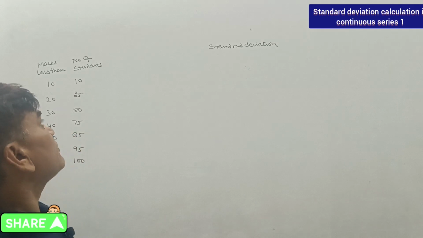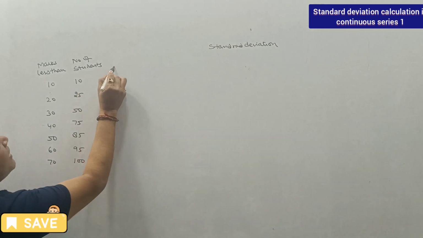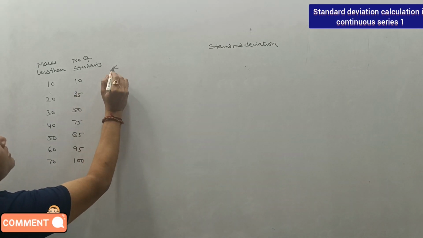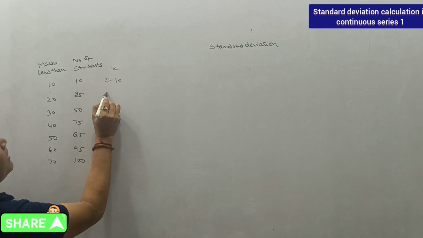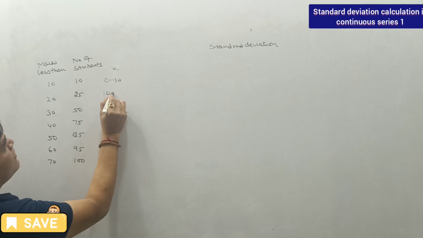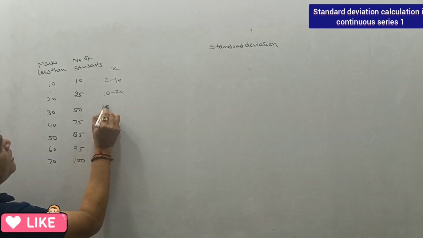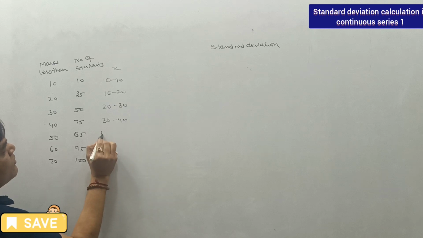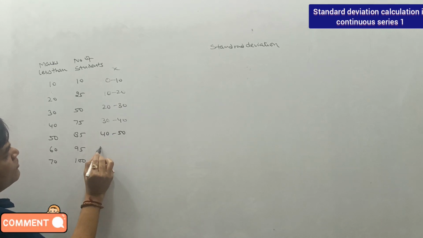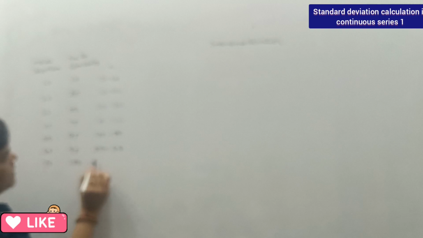First we will make the class intervals: 0 to 10, 10 to 20, 20 to 30, 30 to 40, 40 to 50, 50 to 60, and the last one 60 to 70.